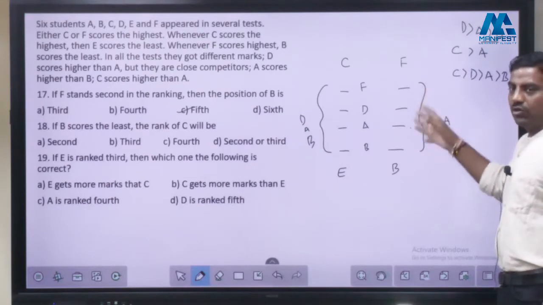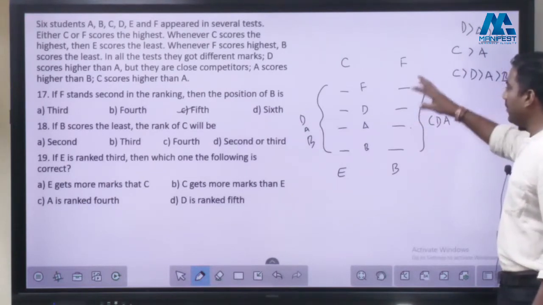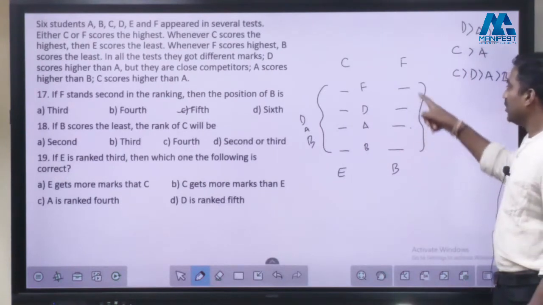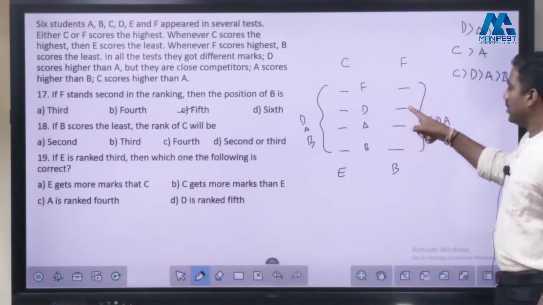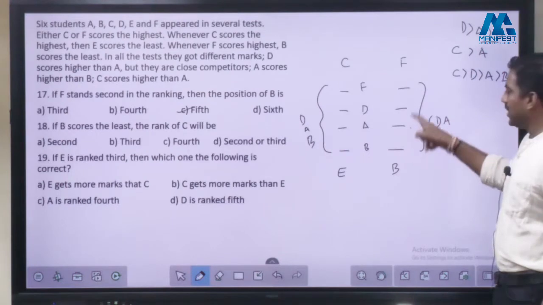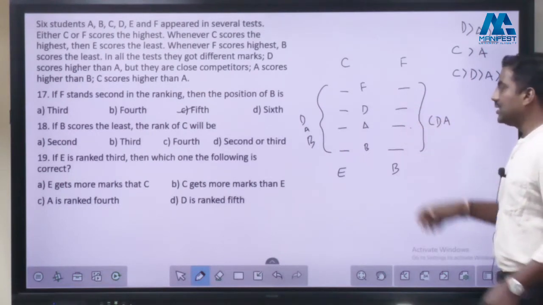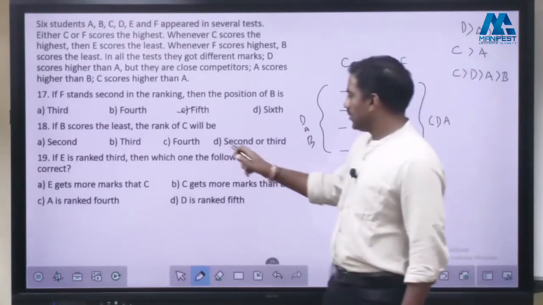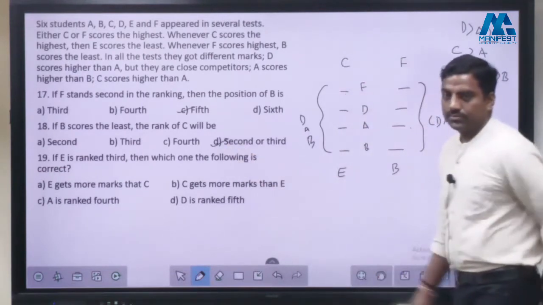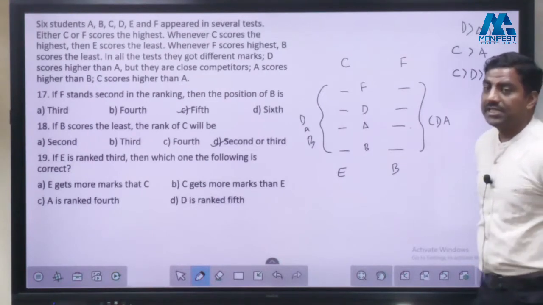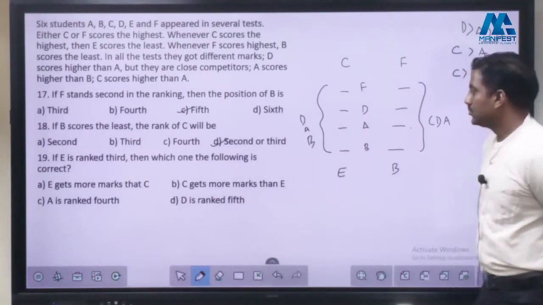In this case, we don't know about E. These 3 people will take 3 of these 4 places. So if C comes here, D and A will take these places. So C's position can be second or third. It is not certain because E's position we don't know.